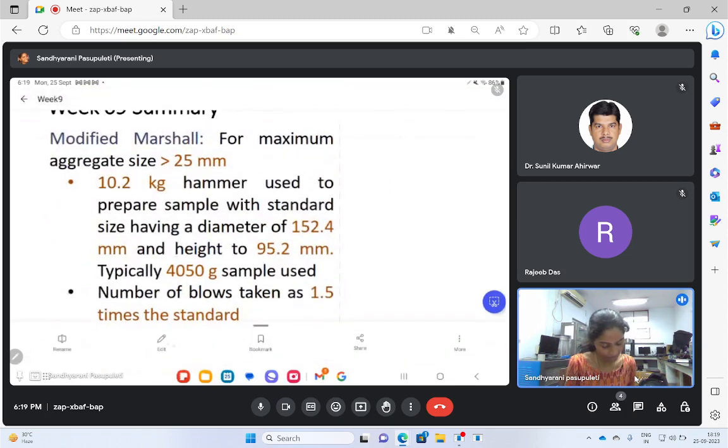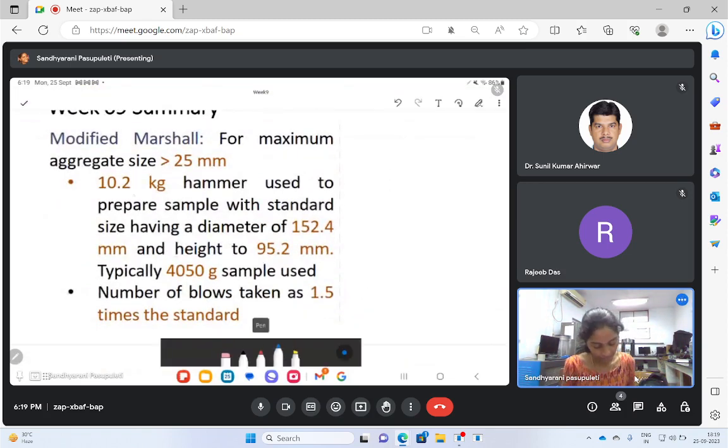So these are the details. The hammer, previously around 4.5 kg, is mostly double, and the diameter is not 101 but 152, and the height is not 63.5 but 95.2. The sample required in the standard Marshall is around 1200 grams of aggregates plus around 50 to 60 grams of binder, so around 1250, but here it is 4 kg.